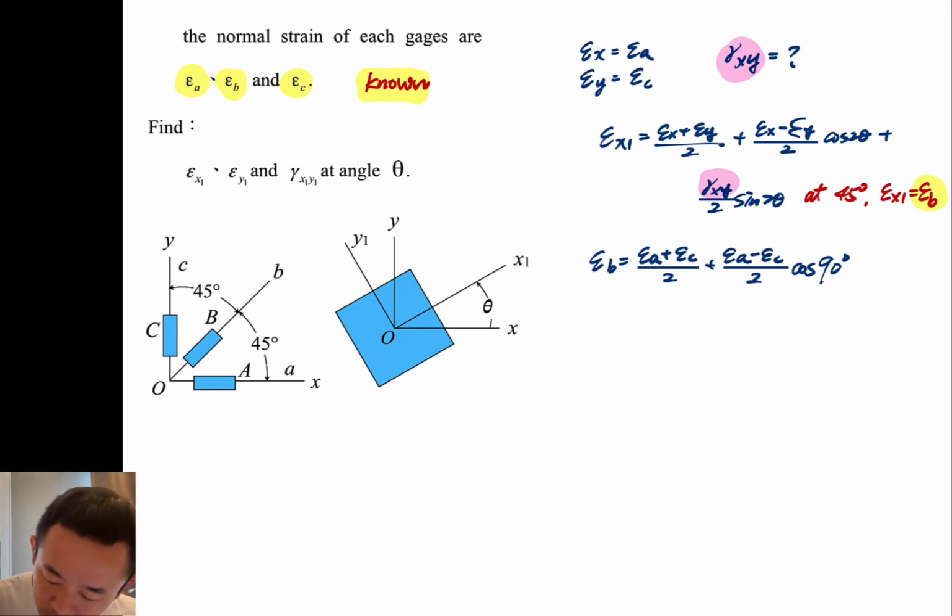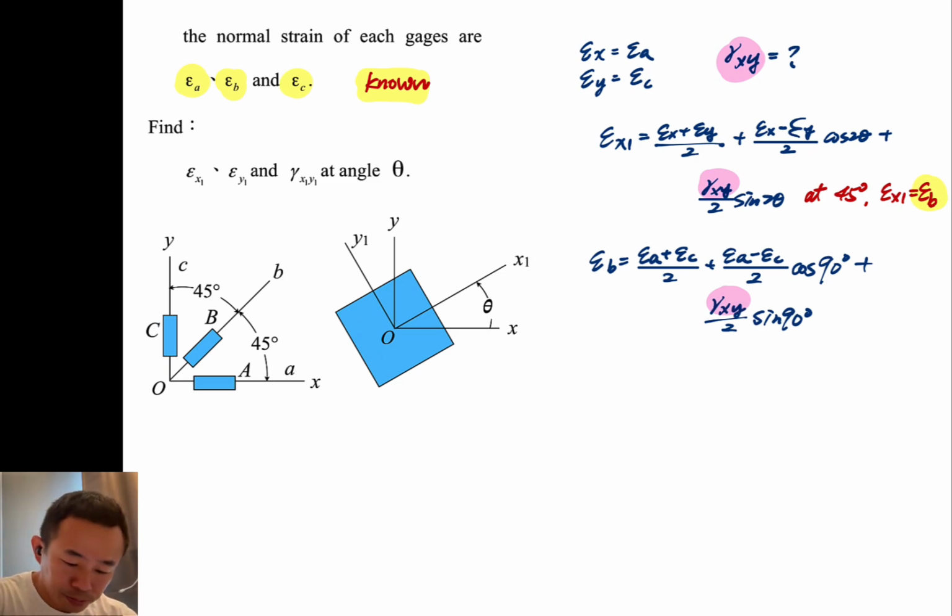So plus gamma xy divided by 2 sine 90 degrees. Okay, and of course gamma xy.